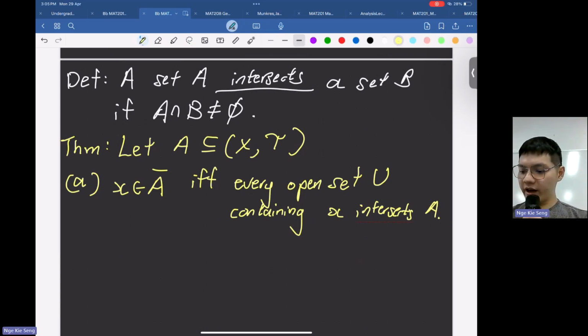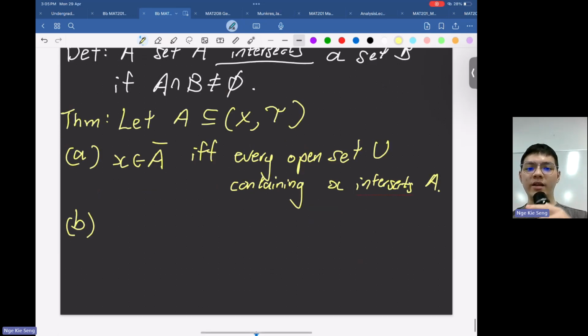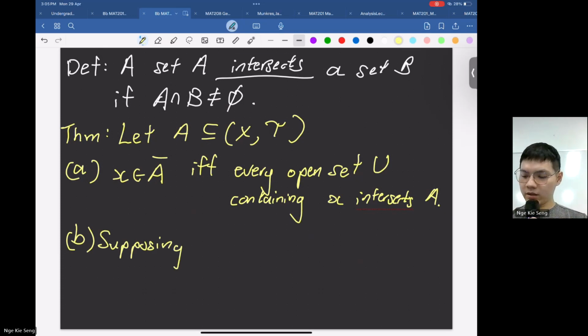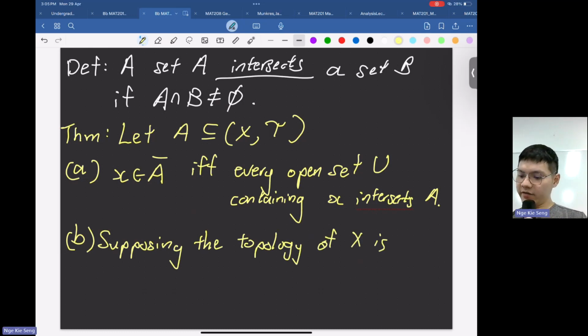And because we have a more precise explanation on topology, we can make this more precise. Suppose the topology of X is given by a basis.